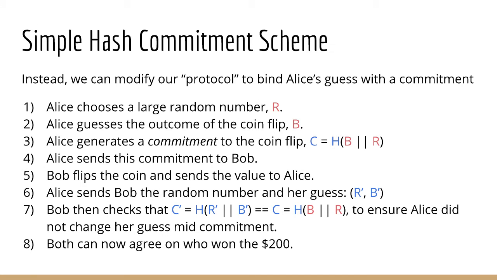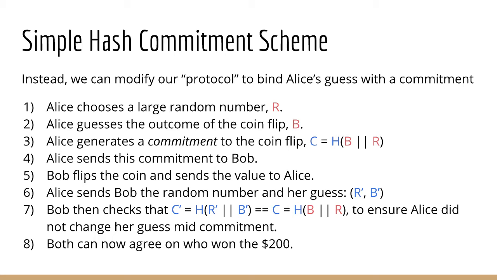So this is a wall of text, but essentially, Alice chooses a large random number, R. She guesses the outcome of her coin flip, B, which we'll encode as a 0 or 1. She'll generate what's called a commitment, which is the hash of the bit guess concatenated with the random number R. We'll call this C. She sends this commitment to Bob.